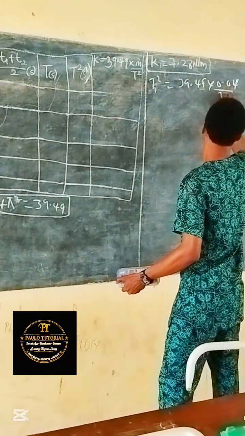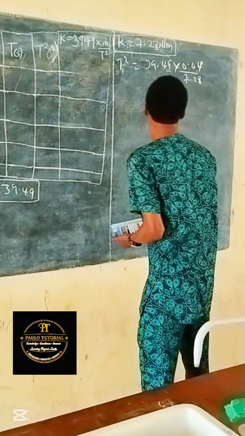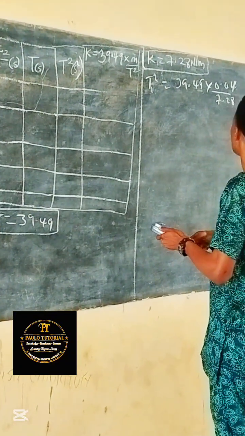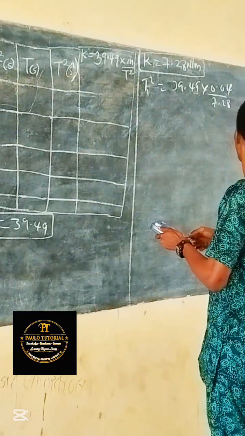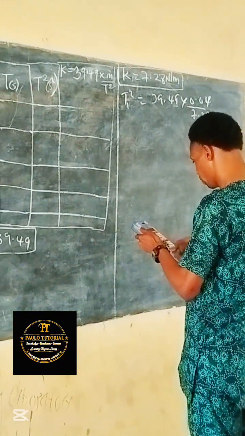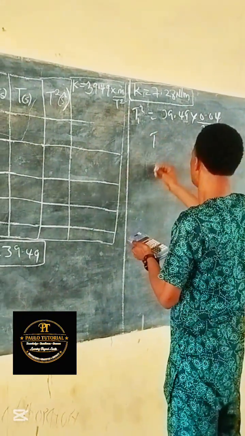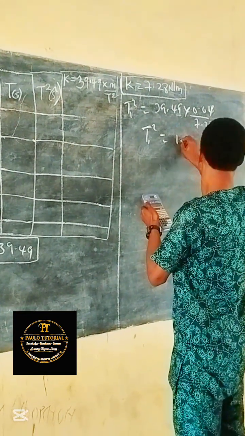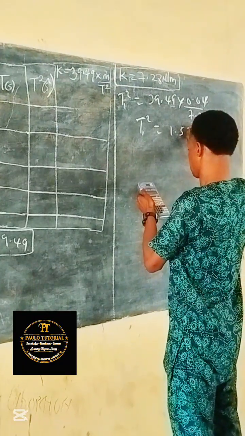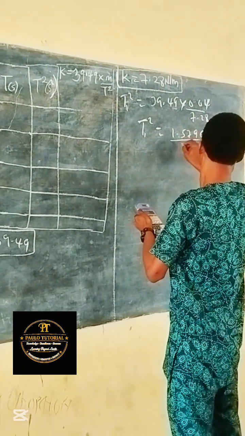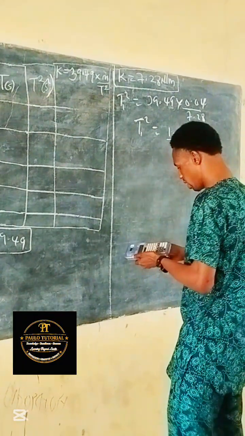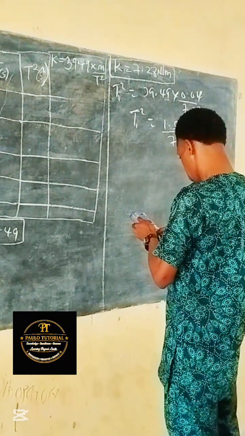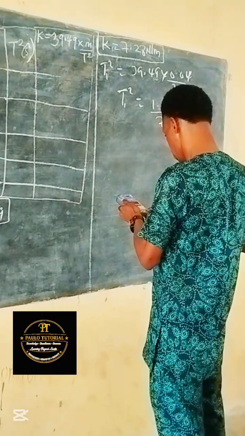What is my constant? I'll be using 7.28. Now from here, I'll multiply 39.49 times 0.04 first. That gives me t1 square equal to 1.5796 divided by 7.28.